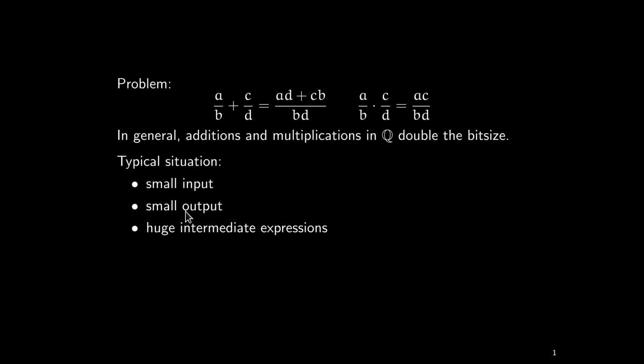So why is the output smaller than the intermediate expression? Well, there's no mathematical reason for this, in general at least, and it's also not necessarily always the case. But if you accept a philosophic argument, then the reason could be that you're not interested in solving random problems. You want to solve problems that come from somewhere, from some application that have some meaning. So for these meaningful problems, the output also has a meaning.